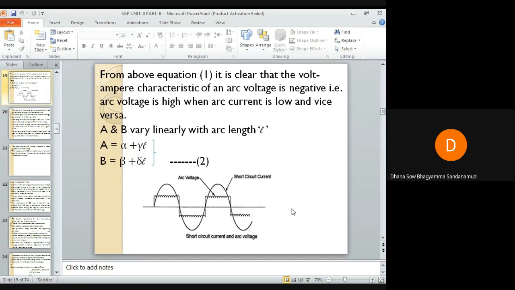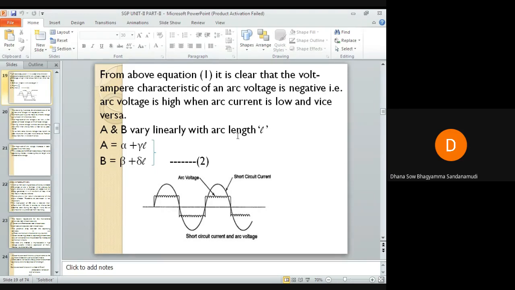A and B are constants. They vary linearly with respect to the length of the arc. As the moving contact moves away from the fixed contact, the length of the arc is gradually increasing.